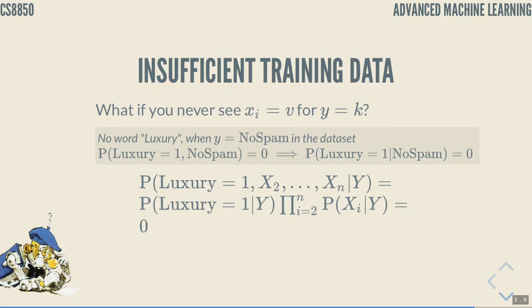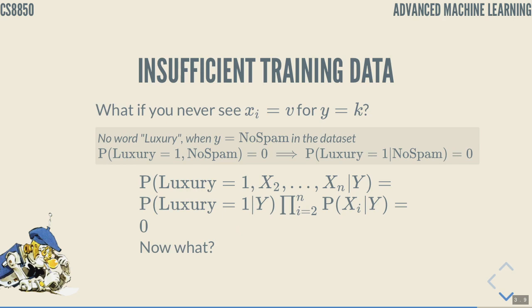No matter what the other values are, just because we have not seen this particular combination of this feature and this class, all of our predictions will be 0. All of our probabilities will be 0. So we will never count for anything for this class no spam. So now what?